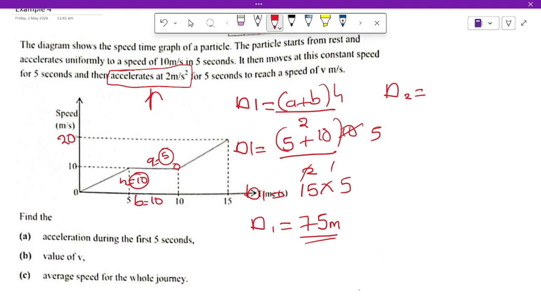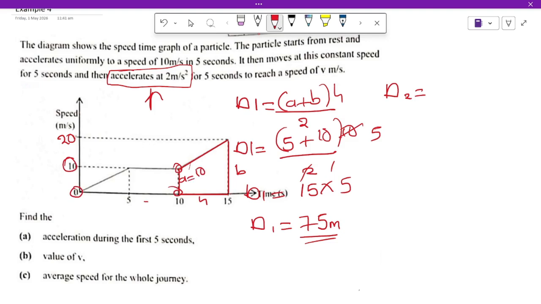Okay, it's a trapezium as well. Okay, this one here, like that, and like that. So this will be our A, this will be our B, and this will be our H. Okay, so A, the distance from there to there, we can find it from here, 10 minus 0, so A is 10.